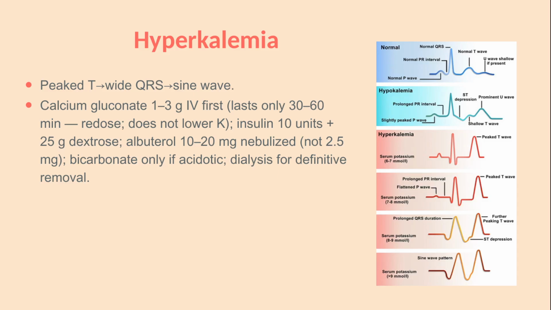Shifting buys time, it removes nothing, so arrange definitive elimination with dialysis for the renal failure patient, or diuresis and binders when kidneys still function. Then find out why the potassium rose, or you will be repeating this sequence tomorrow.